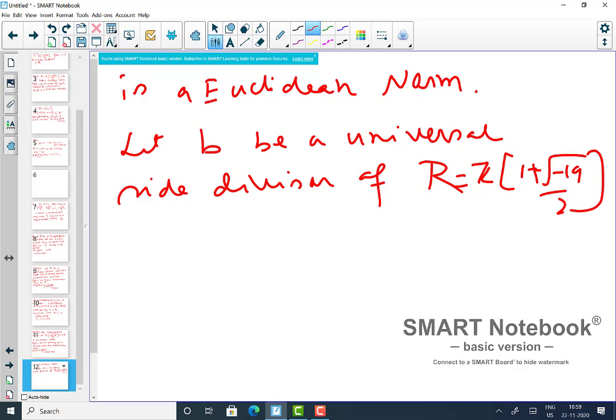Now if it is a universal side divisor, then what happens? By definition, whatever element you choose, you can always do it the same way I did.